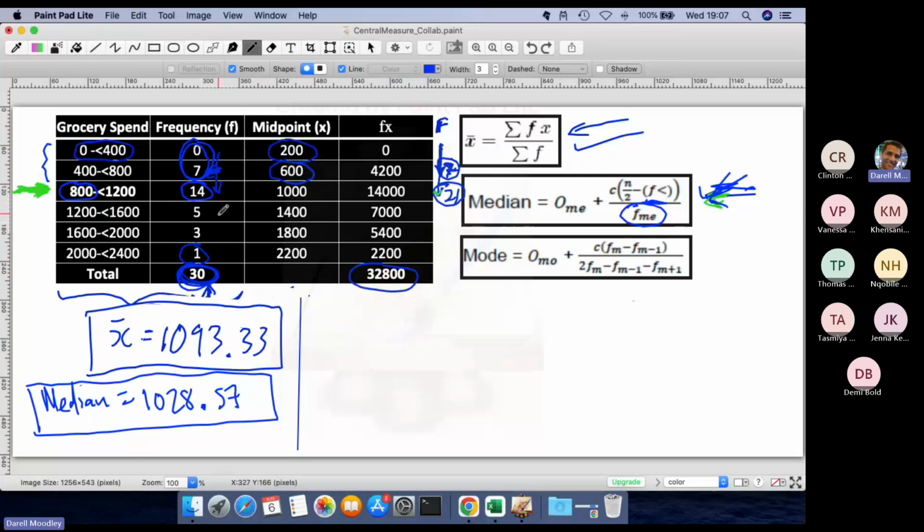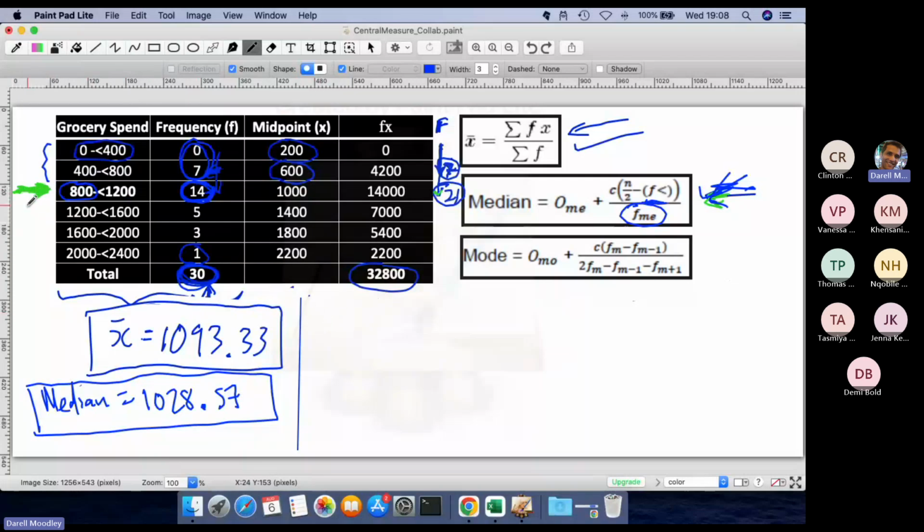And if you look at the frequency column, the interval that has the most data points happens to be the same interval as the median interval because this has the highest frequency. So that's your modal interval where you have the highest frequency. And in this example, it's where the frequency is 14, which is the highest. So it just so happens coincidentally that the modal interval is the same as the median interval. It isn't always guaranteed, but in this example it is.